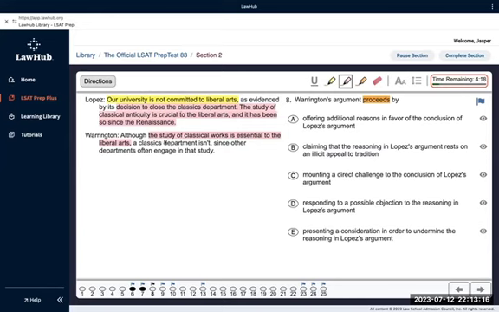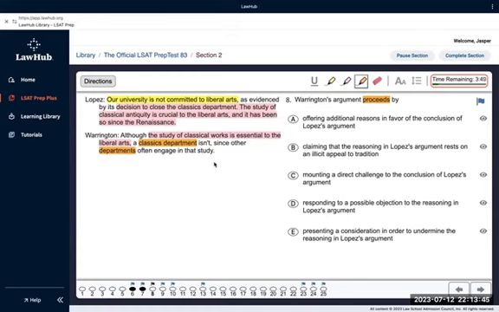A classics department isn't. So that makes a distinction, right? Between the study of classical works versus formally having a department at the university dedicated to the study of classical works. Why isn't that department necessary? Because other departments will engage in the study of classical work.